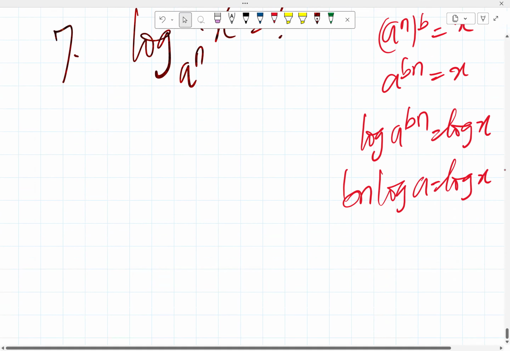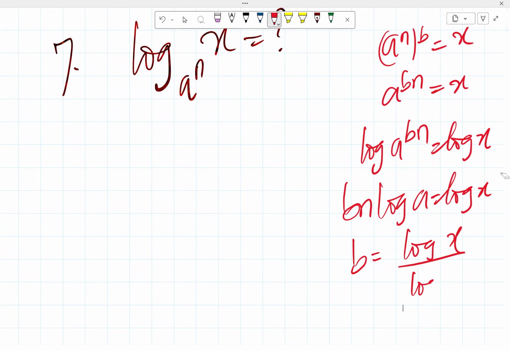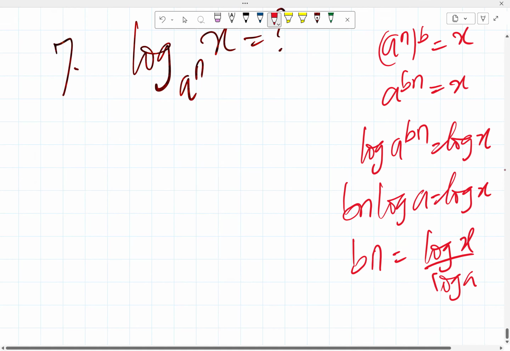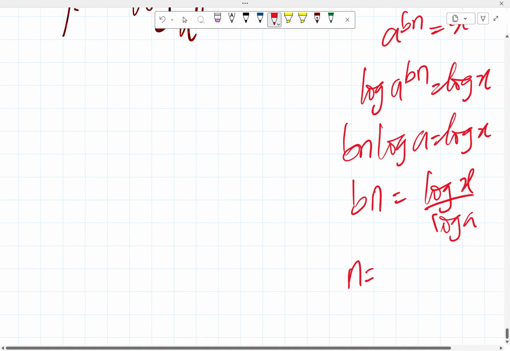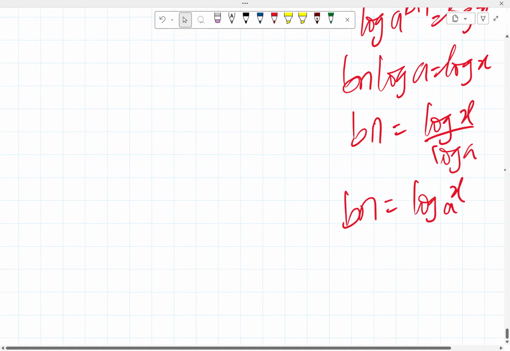And we are looking for b, right? So b now is equal to log x all over, let's just leave this bn alone. Bn is now log x over log a. That means bn for now is still log x to base a. We know that much from previous videos. So b now is equal to 1 over n log x to base a.